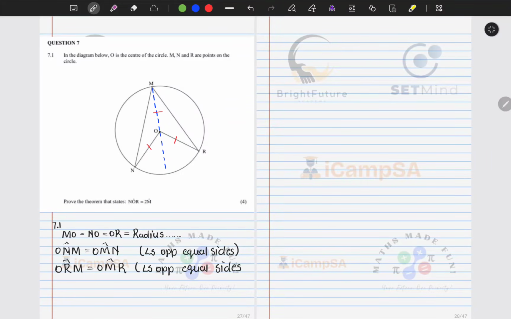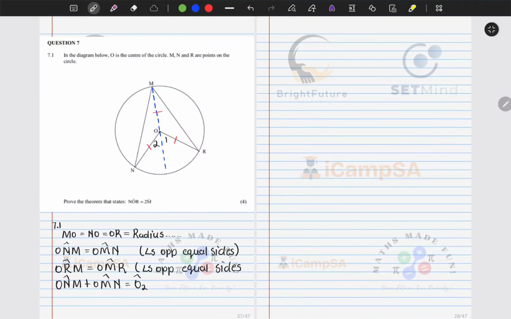These angles are equal. But then what you should notice, I'm just going to say we have O1 and O2 like that. So what you should then notice is that the angle O angle NM plus O angle MN, these angles will end up giving you angle O2.